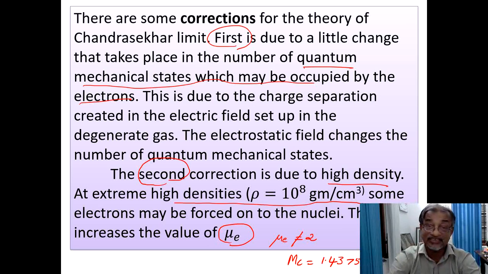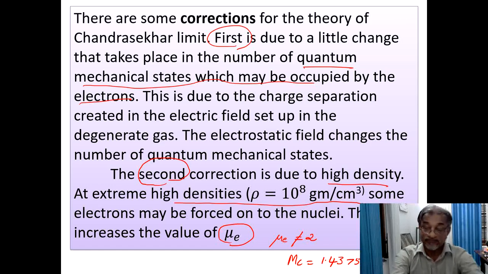The second correction is due to high density. At extremely high densities, for example, rho equal to 10 raised to 8 gram per centimeter cube, some electrons may be forced onto the nuclei. This increases the value of mu e. In that case, mu e is not equal to 2.